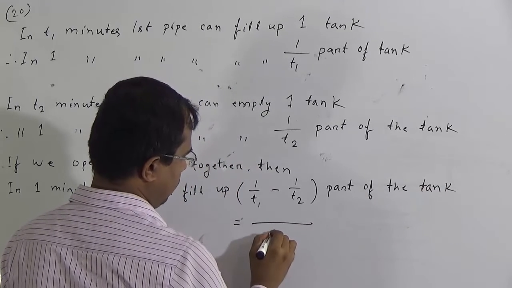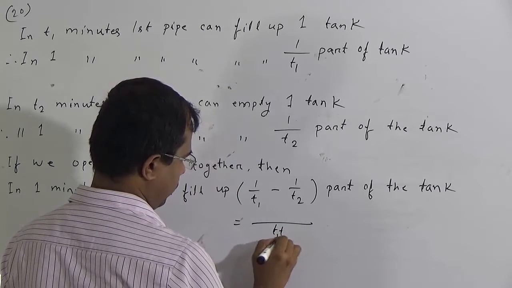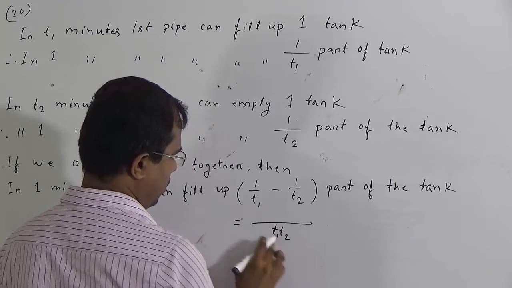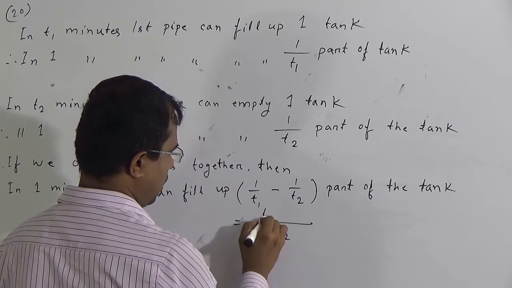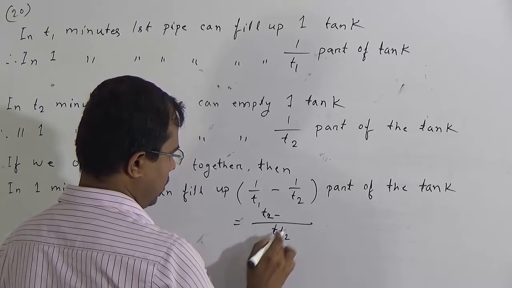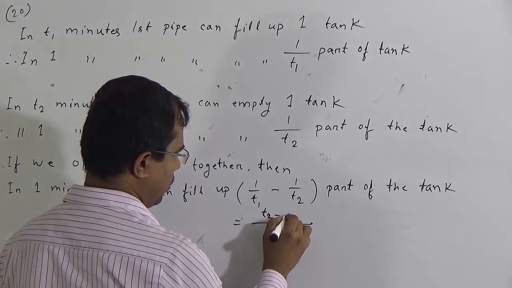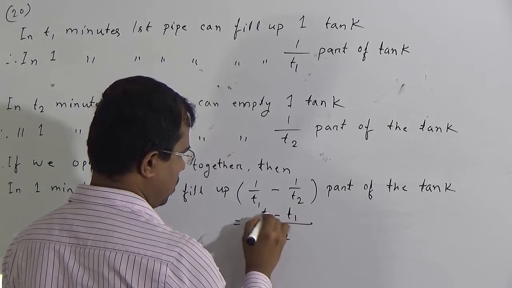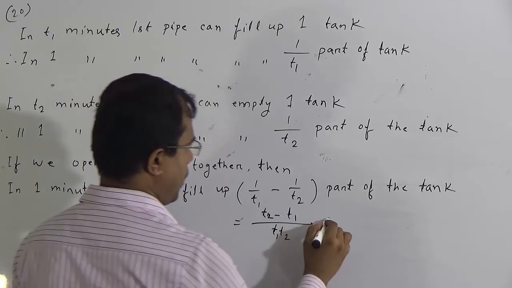Here LCM will be T1 T2. If we divide T1 T2 by T1, then T2 will come, minus, if we divide T1 T2 by T2, then T1 will come. That means T2 minus T1 divided by T1 T2 part of the tank.